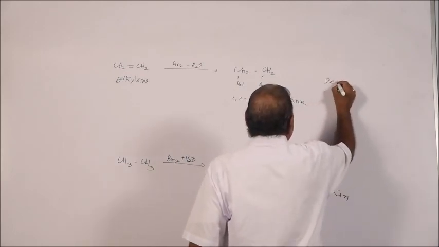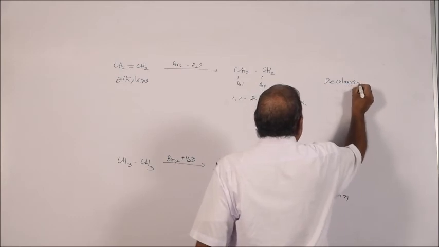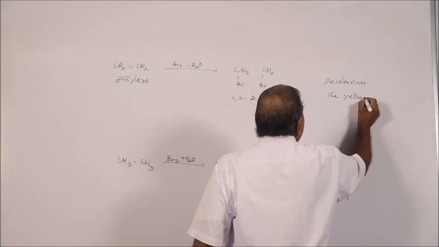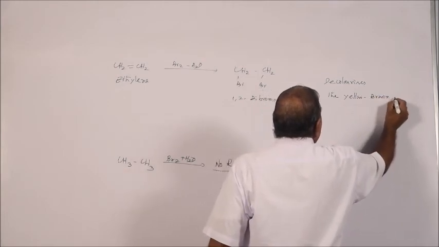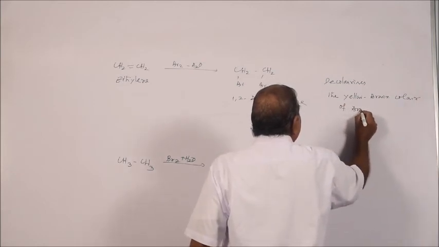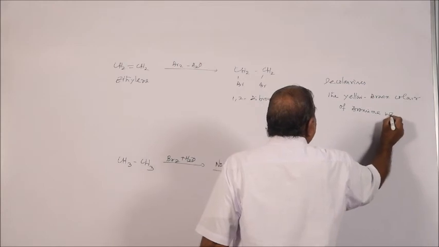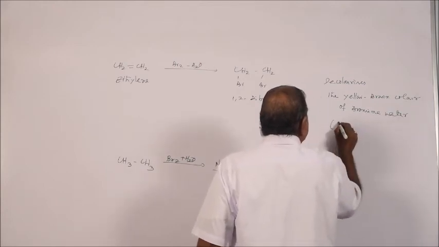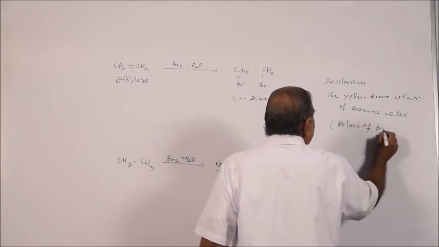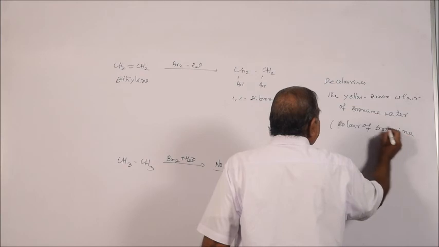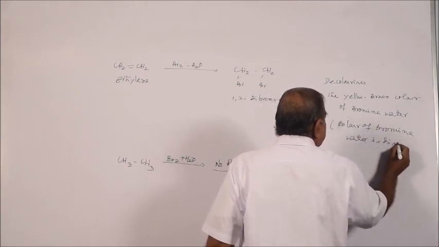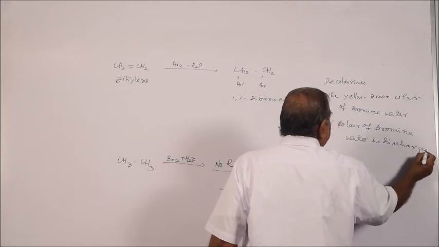So it decolorizes the yellow brown color of bromine water, or we can say the color of bromine water is discharged. The color becomes colorless.